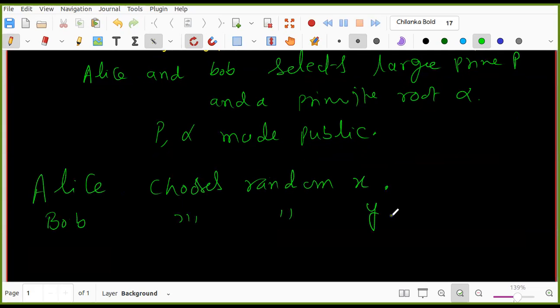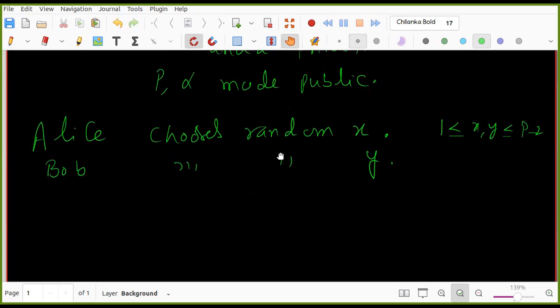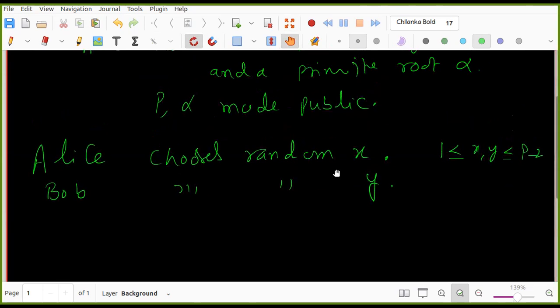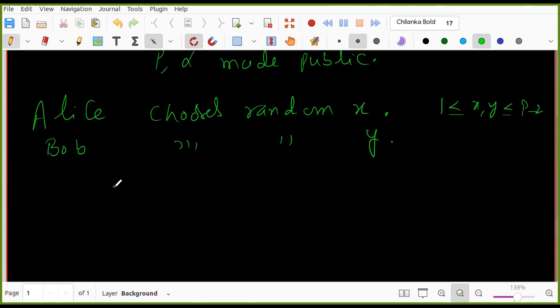Generally 1 less than or equal to x comma y less than or equal to p minus 2. So only Alice knows x and Bob knows y. These two, p and alpha, are public; x and y are private for Alice and Bob respectively. Now what will Alice do?